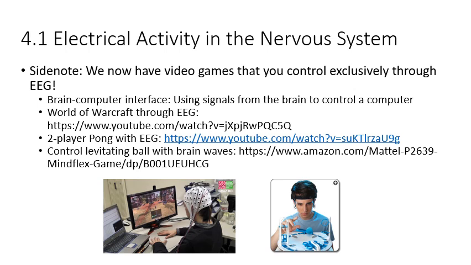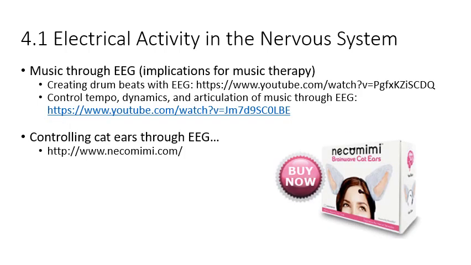It's an area of research that's becoming more and more popular, and they're coming up with more and more ways to use it. Another way that people are trying to use EEG is by creating music through brainwaves. So if you're interested in music or music therapy, this could be interesting to you. There's one example of scientists teaching people who can't move to use their brainwaves to create drum beats.